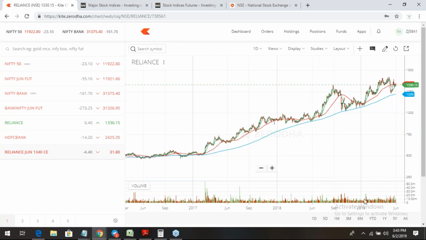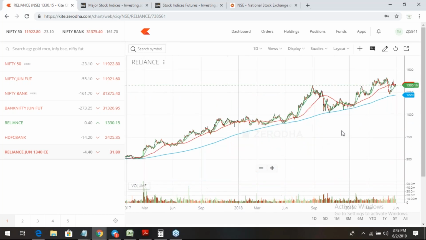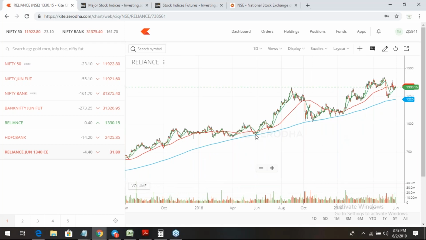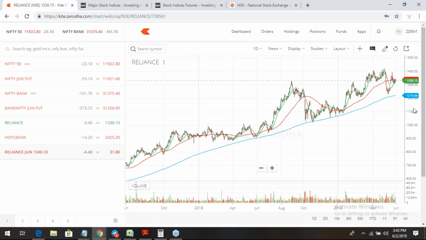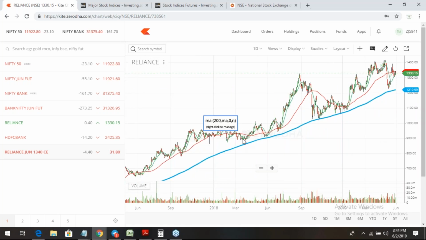What's happening? See the 200 SMA, right? See how the 200 SMA works in Reliance. Stock comes down, doesn't cross the 200 SMA, again goes up, again goes near the 200 SMA, again plans to break it, doesn't go, again goes up.